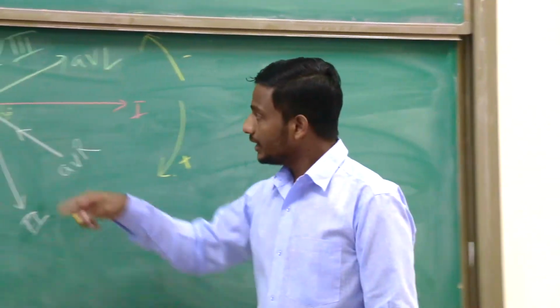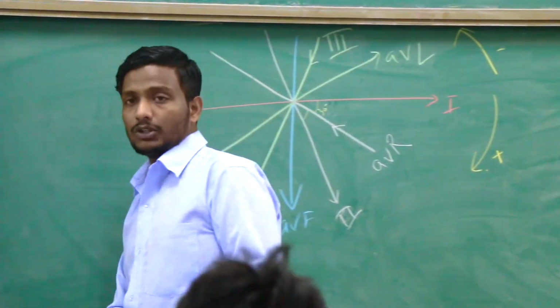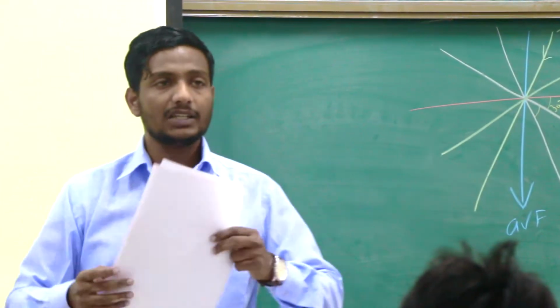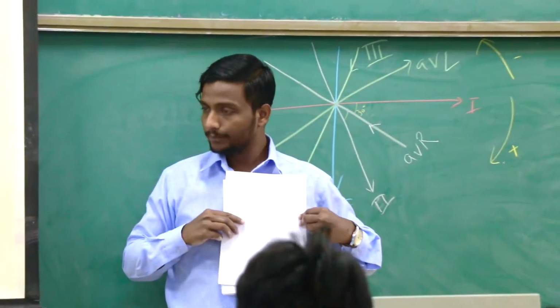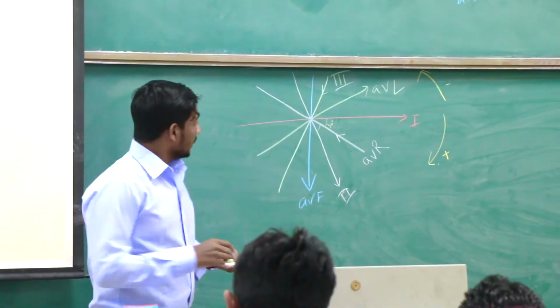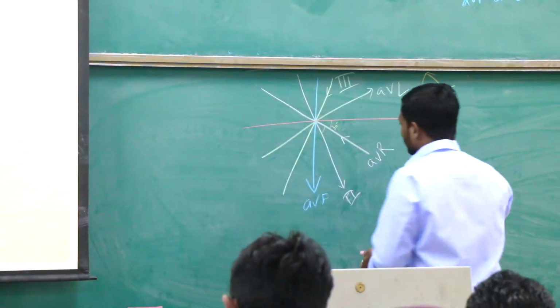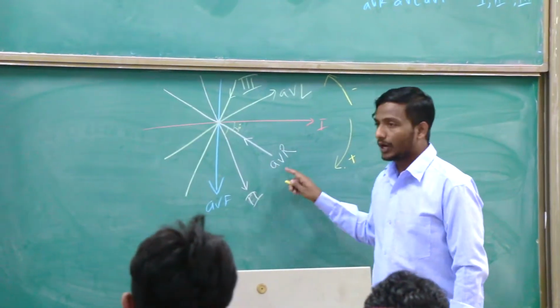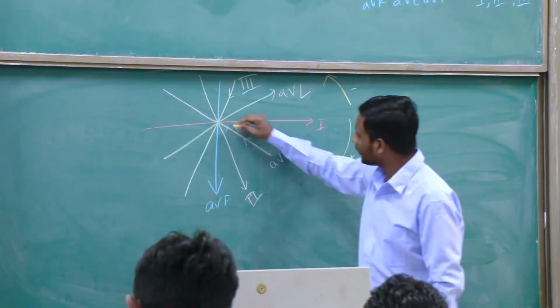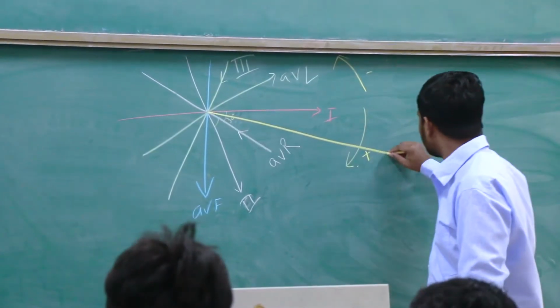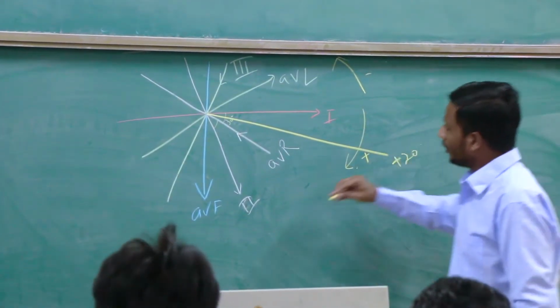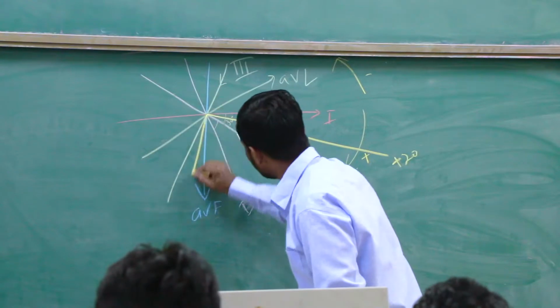Now, since I have given you your hexaxial system, you can imagine that I am just standing here and all these leads are going to look at my heart in this way. If I show you exactly where the axis of your heart is, it lies somewhere between plus 20 all the way to plus 100.